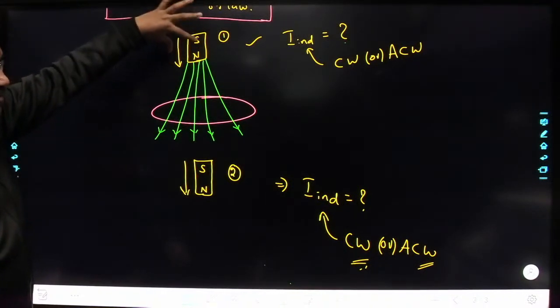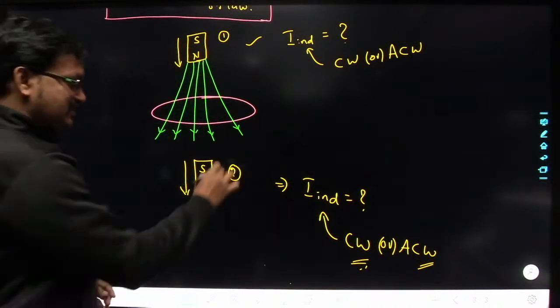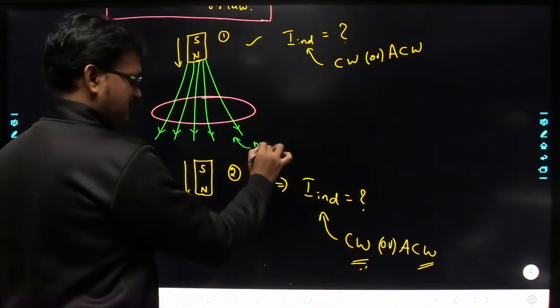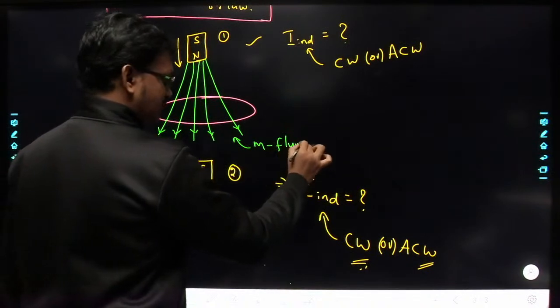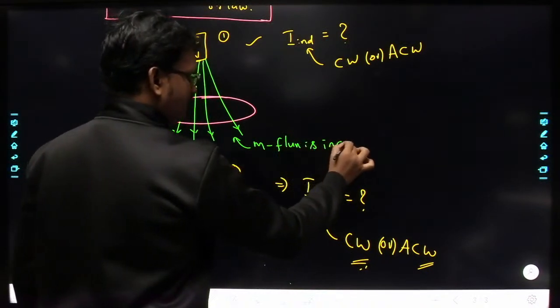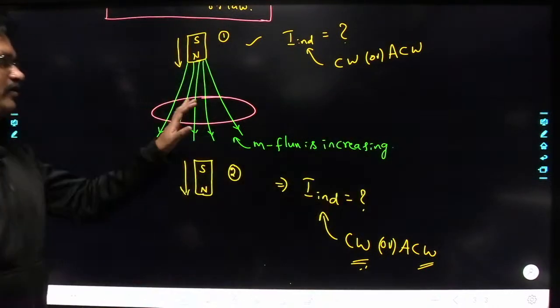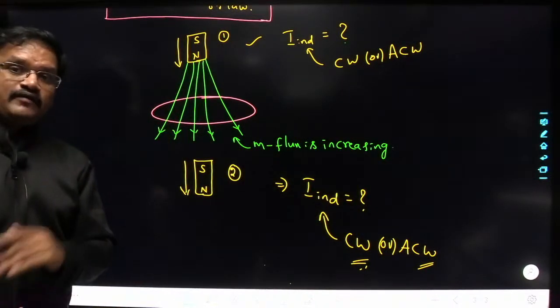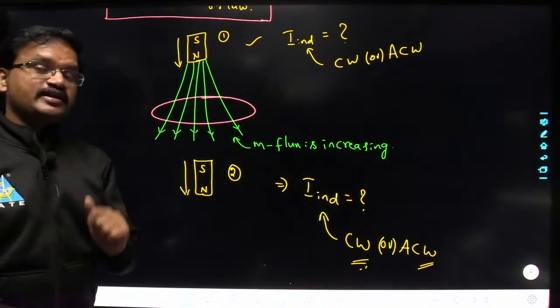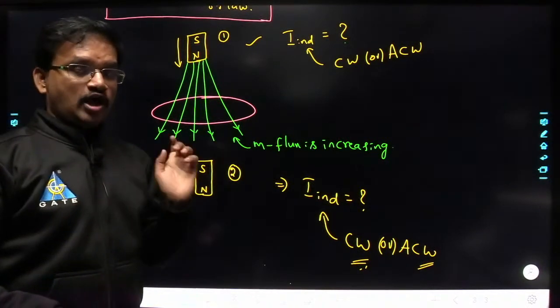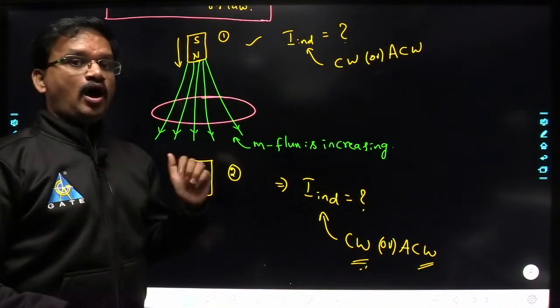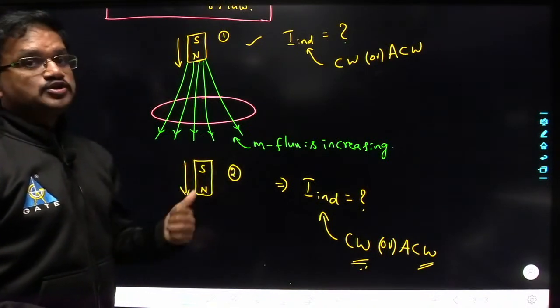Now as the magnet is moving towards the loop, this magnetic flux is increasing. Right? So we know that whenever the magnetic flux is increasing, the direction of the induced magnetic field must be opposite to the direction of the actual magnetic field.